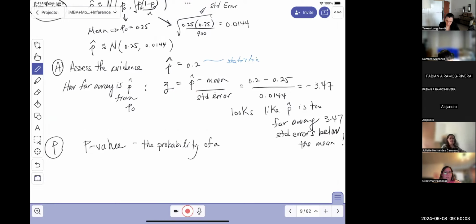This is also a statistic because I calculated it using numbers from the sample, right? So we're going to refer to that as the z statistic.